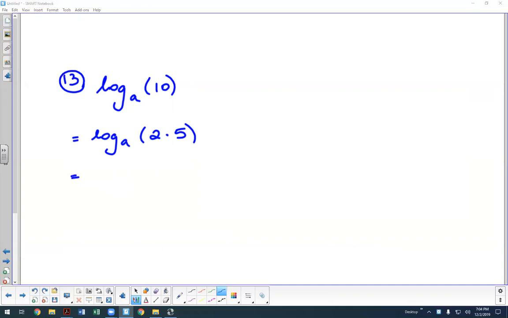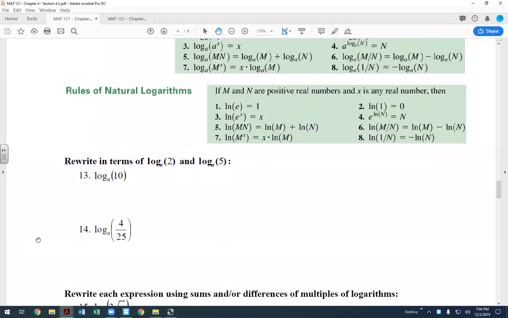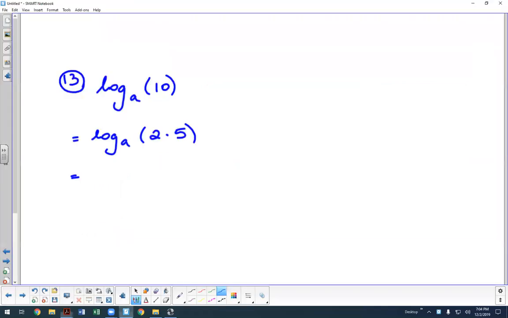Okay, go back and look at rule number 5. With the product rule, how can I rewrite that log of 2 times 5? It's log 2 plus log 5, to the base a. Yeah, base a. That's the word.